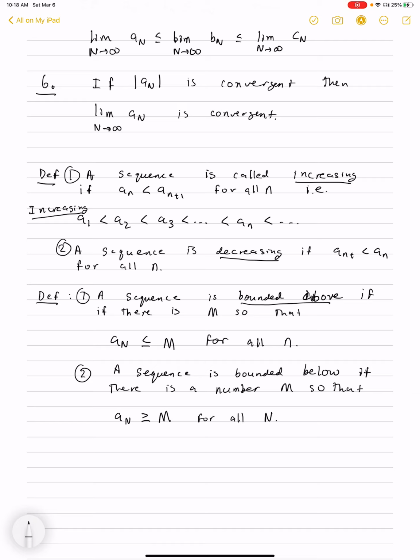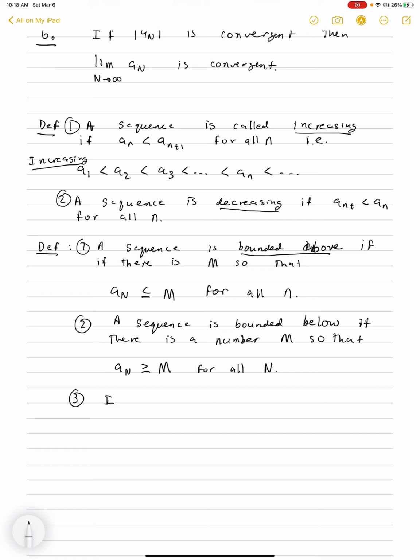And if it's bounded above and below, then it's called bounded. So this is below, the other one was above.